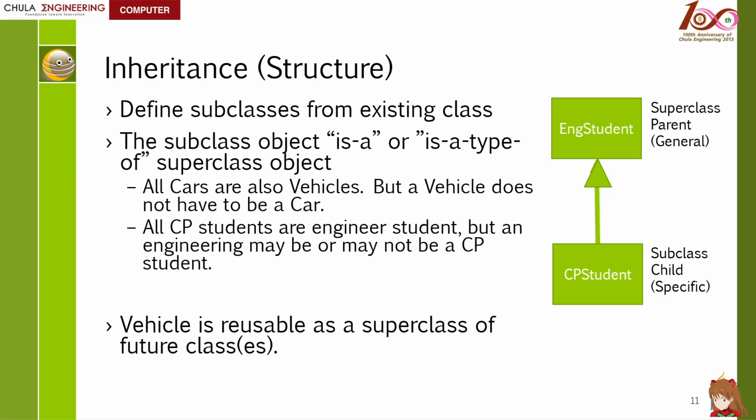Alright? Then an object created for a subclass is regarded as an object of the superclass type as well. So a subclass object is the same type, or can be regarded as the type of the superclass. Alright, or a subclass object is a superclass in a way. Alright, so from our example, that means all cars are also vehicles.